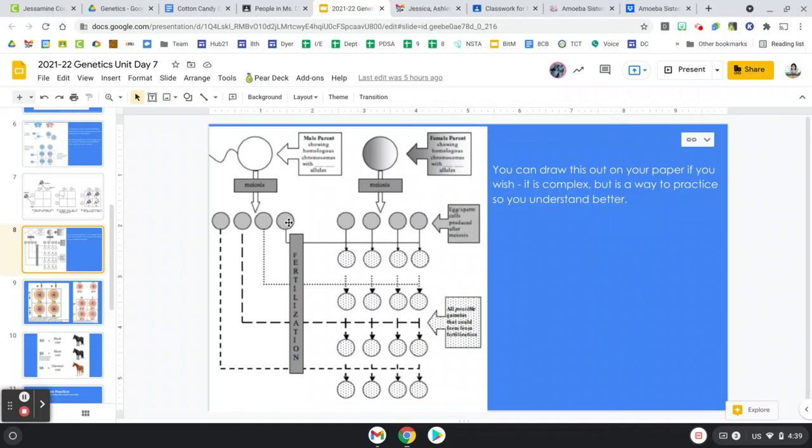And then you would take this one, which was a lowercase b, and bring it over here and do all of your combinations. So that would be a lowercase b combined with an uppercase B. So you would write in a big B and little b here. So that would be heterozygous. Take the lowercase b here. This one would have been an uppercase B. That would combine also for heterozygous, so uppercase and lowercase.